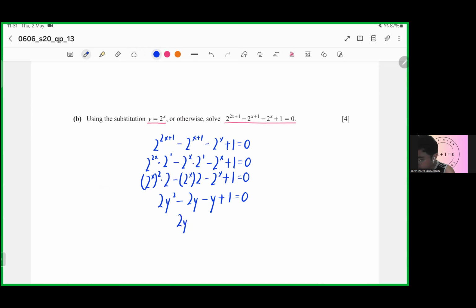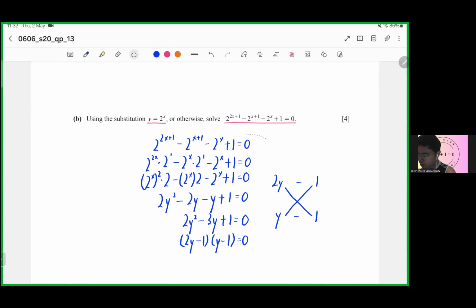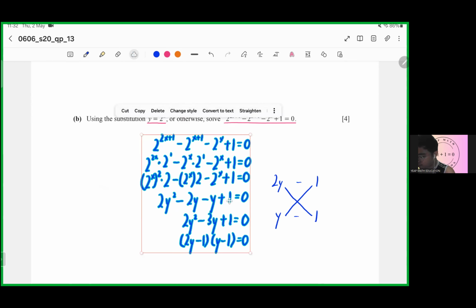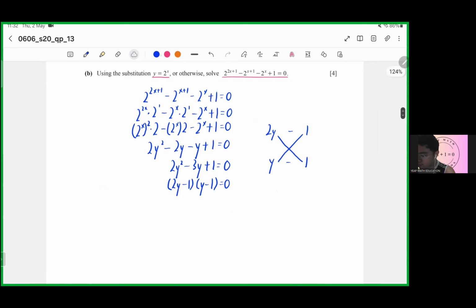After that, we get 2y squared minus 3y plus 1 equals 0. Now we do the factorization part: 2y and y, minus 1, minus 1.